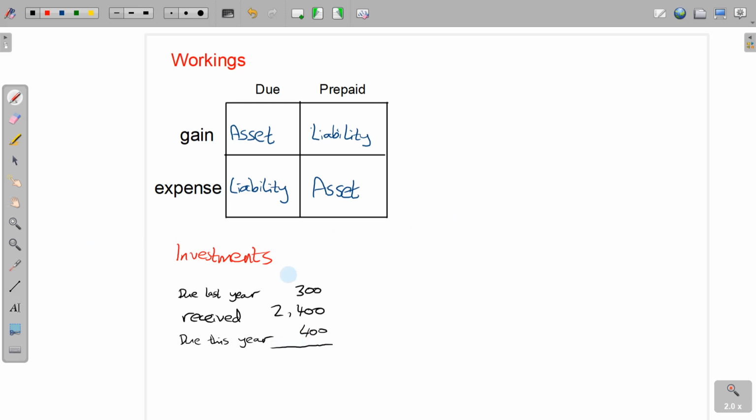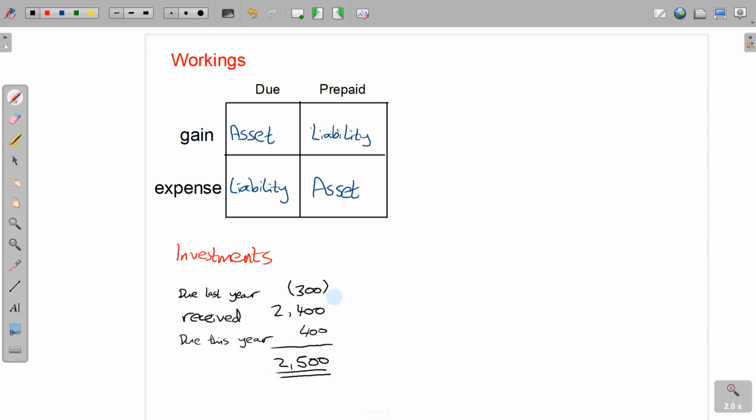So of the 2,400, 300 I should be taking off because they owed it to us from last year, but they've only paid it this year. So that means 2,100 of the money is for this year, and then they still owe us 400. So in total, they owe us 2,500 of investment interest.